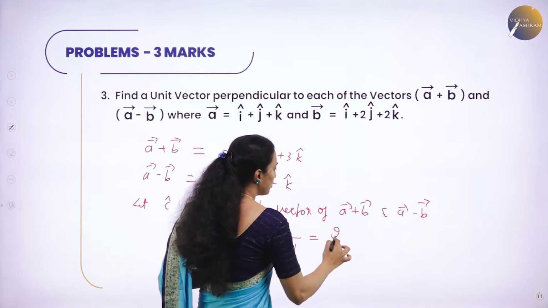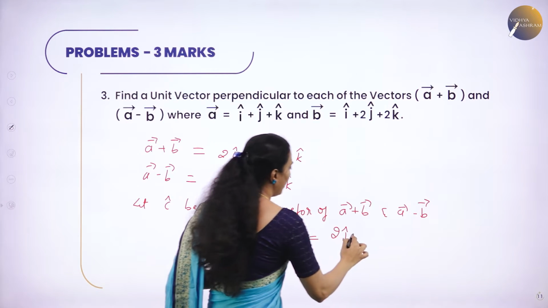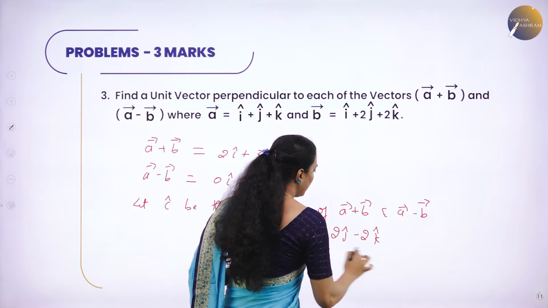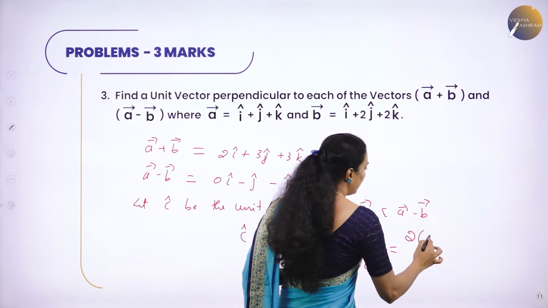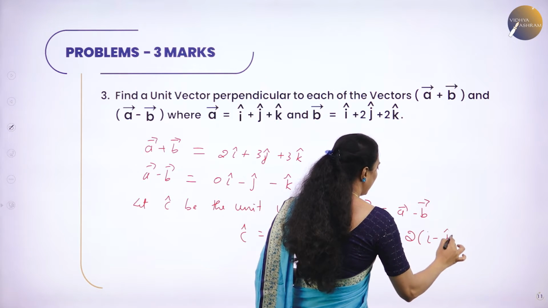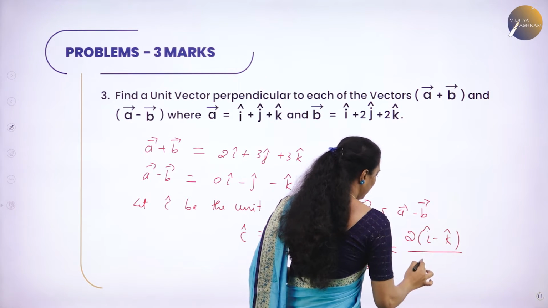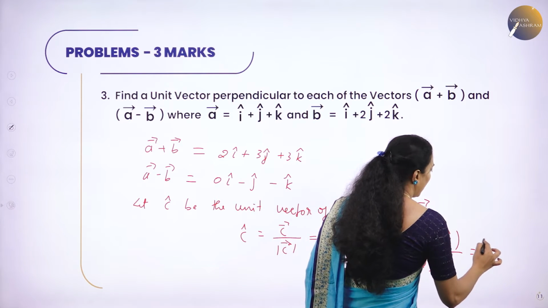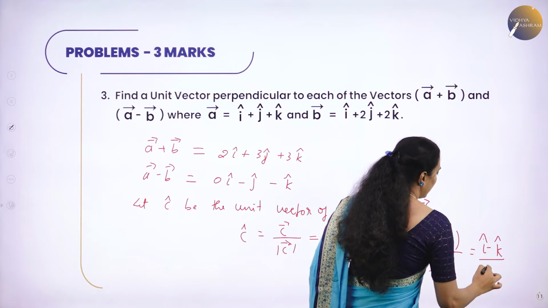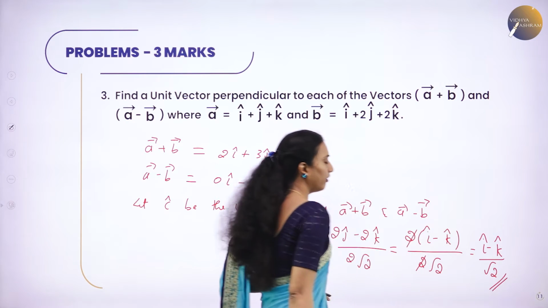So it can be written as (2j minus 2k) divided by 2 root 2. You can take 2 as a common factor: 2 into (j minus k) divided by 2 root 2. The 2 will get cancelled. The remaining answer is (j minus k) divided by root 2. And this is your final answer.